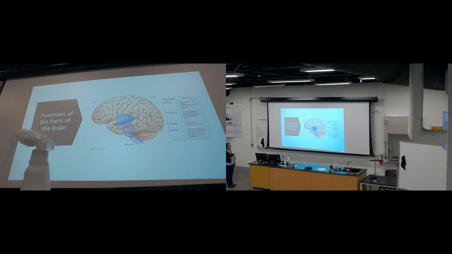Cerebellum monitors and coordinates movement. Brainstem maintains homeostasis, controls reflexes, monitors movement, and integrates and relays information as well. So we have two relay centers, the brainstem and the thalamus in the diencephalon.